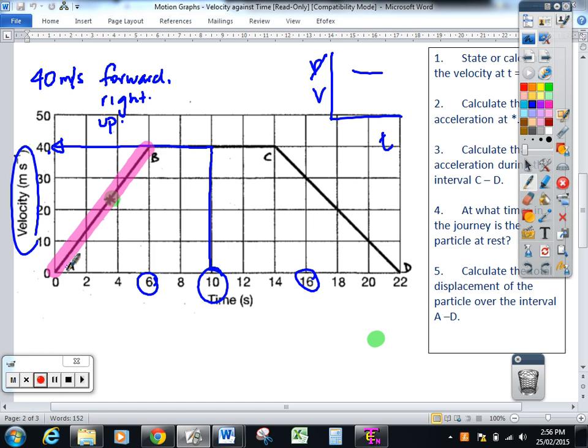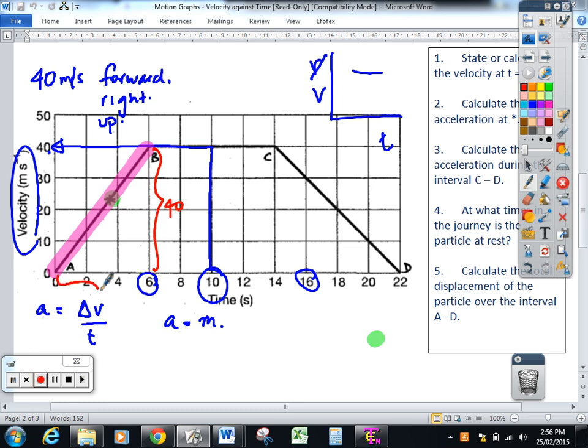Now remember, we've got two ways of doing it, and I have to stress the two ways. The first is we can use the formula delta V on t, or the acceleration is simply the gradient of this graph. So let's firstly work it out with the gradient. What is the vertical rise of this here? It's 40 high.